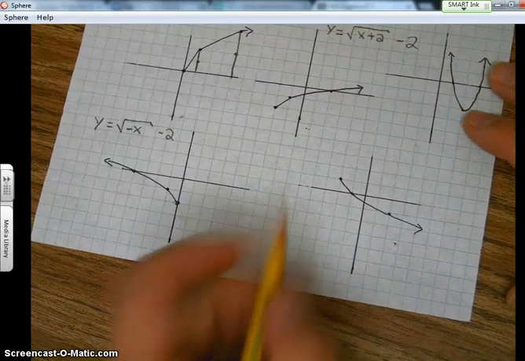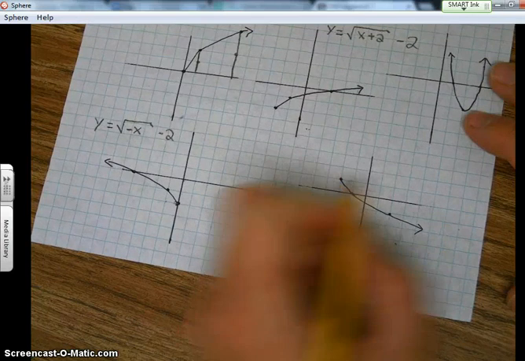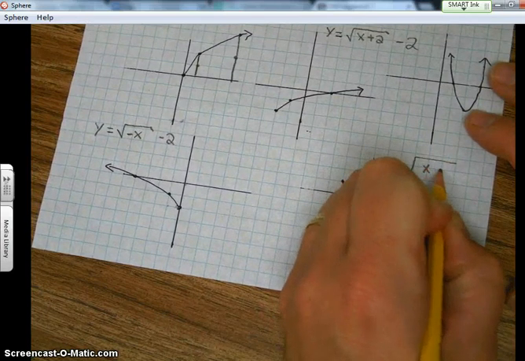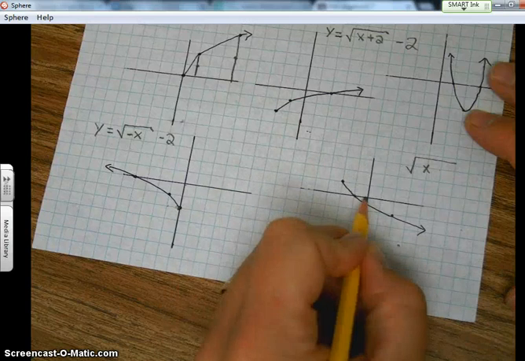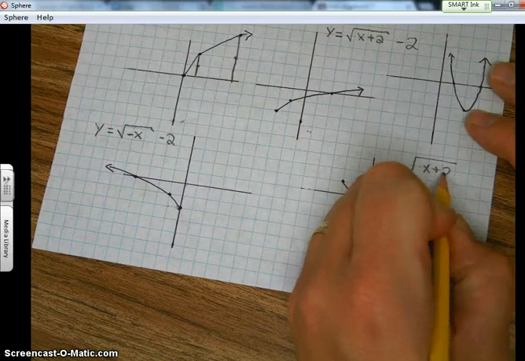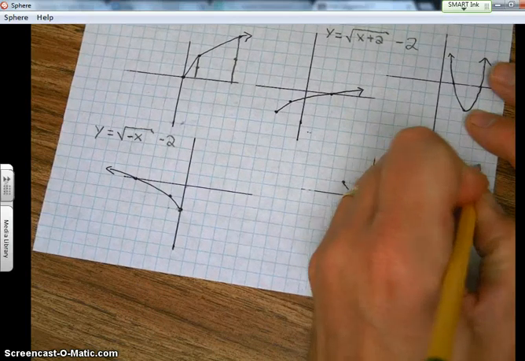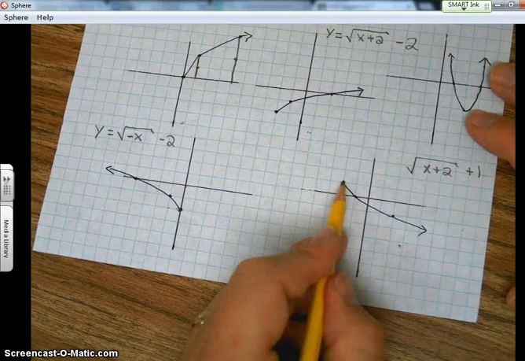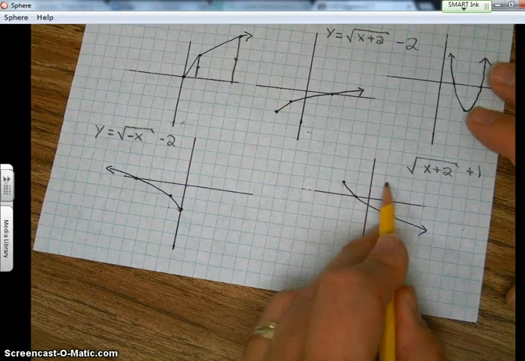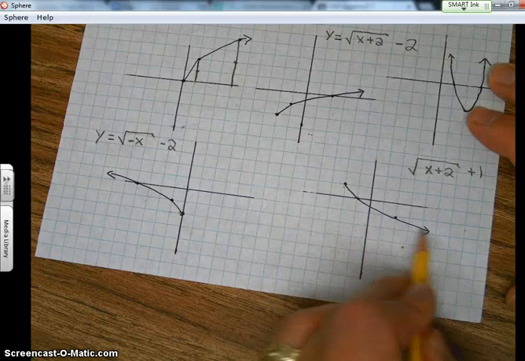Okay, next one. So starting at 0, 0, translated 2 units to the right. So x, excuse me, I said right, didn't I? 2 units to the left, so that's going to be x plus 2. And 1 unit up, plus 1. Now we have a reflection. Instead of going as the parent goes up and to the right, this one's going down and to the right.